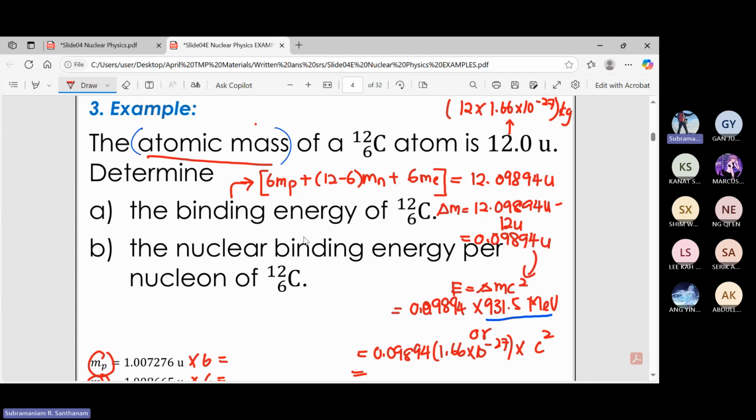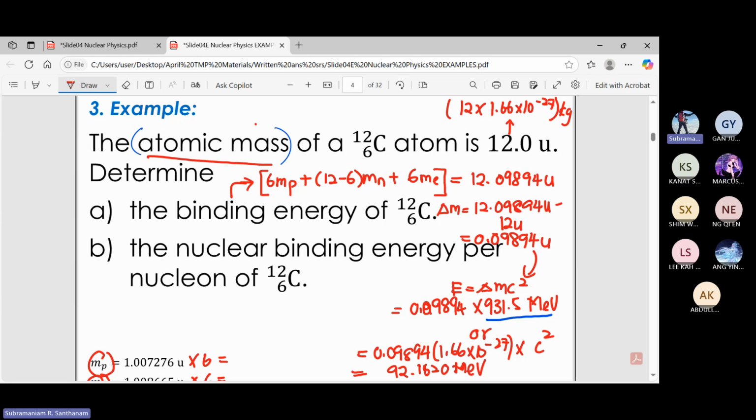When you find 0.09894 times 931.5 MeV, what do you get? 92.1620 MeV, correct? That is the binding energy of the nucleus.